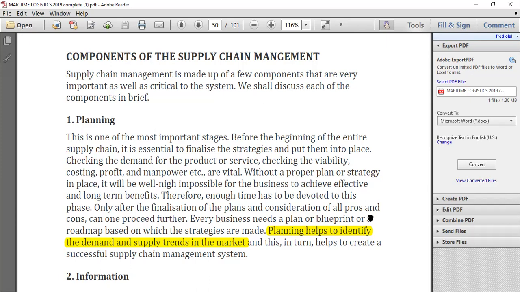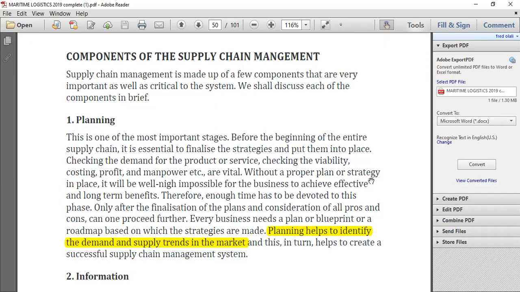Every business institution needs a plan or a blueprint, or a roadmap, based on which the strategies are made.